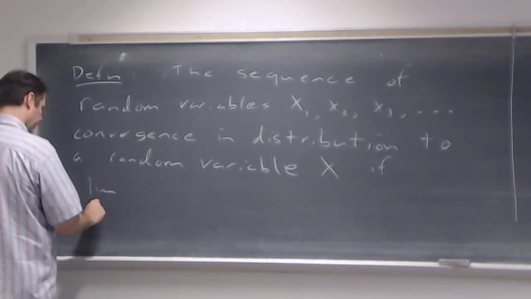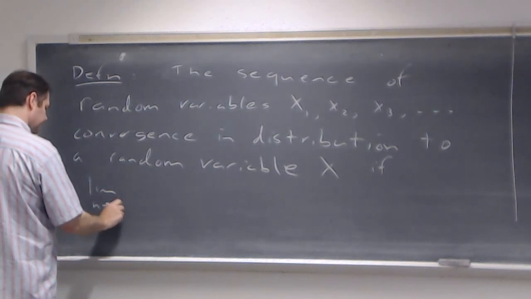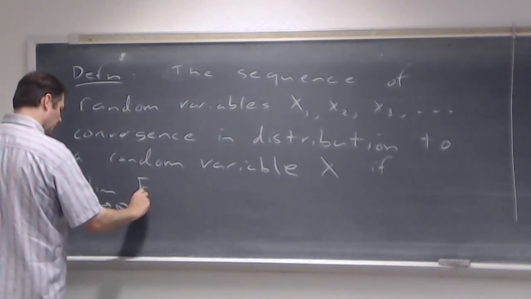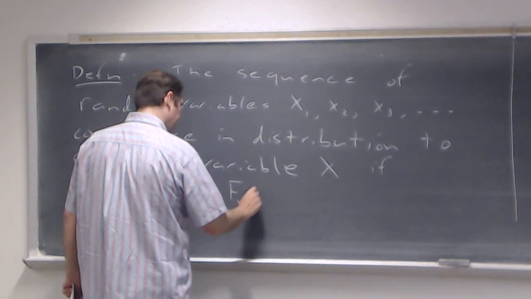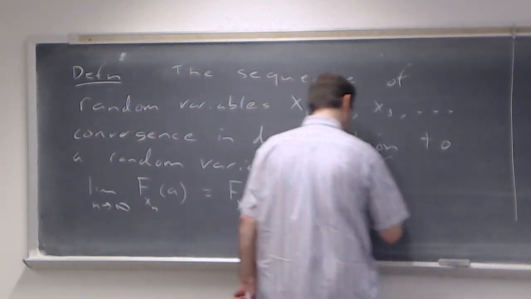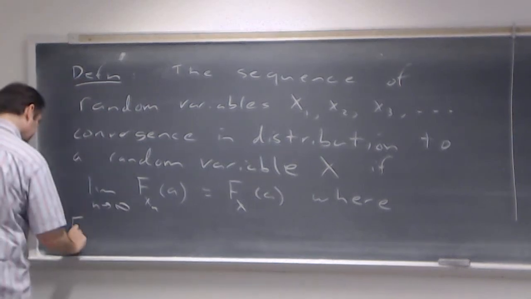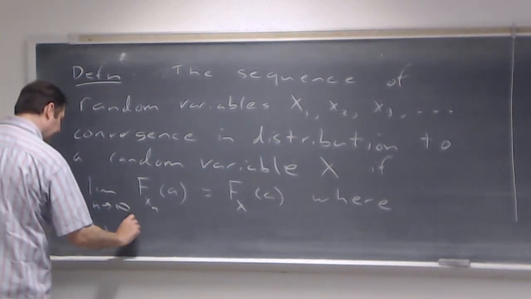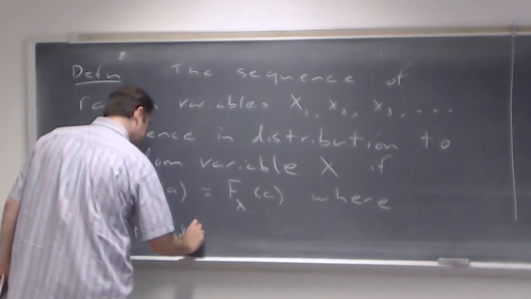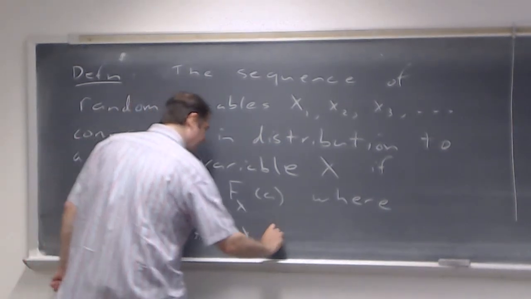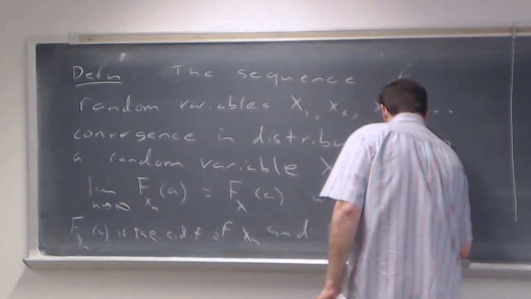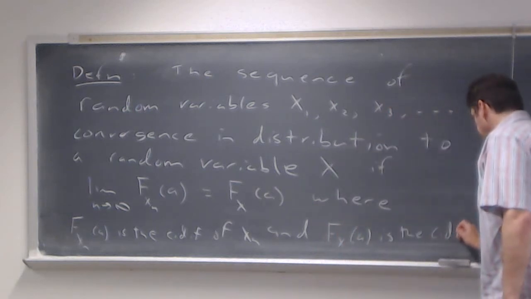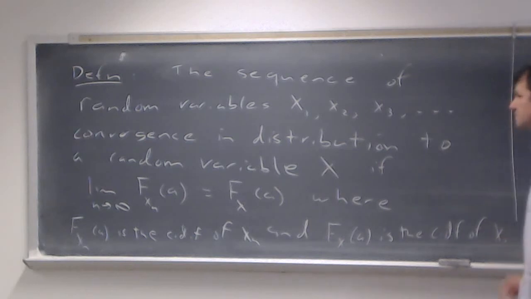the limit as n goes to infinity of F sub X sub n of a equals F sub X of a, where F sub X sub n of a is the CDF of X sub n, and F sub X of a is the cumulative distribution function of X. So their distributions converge.